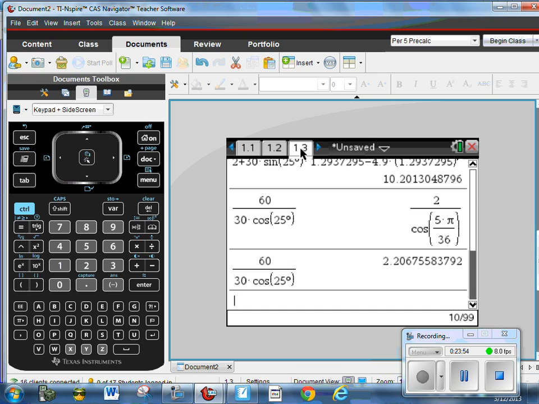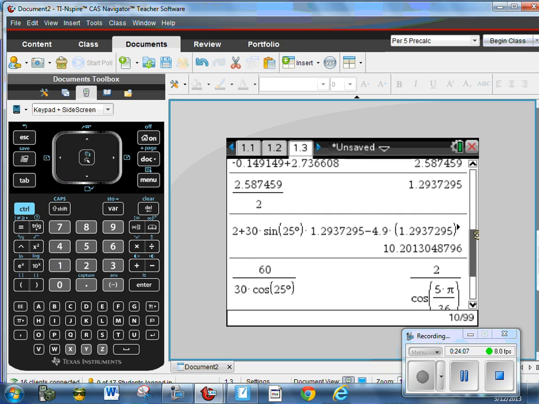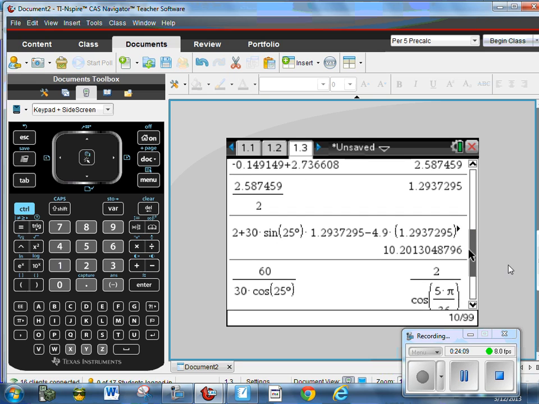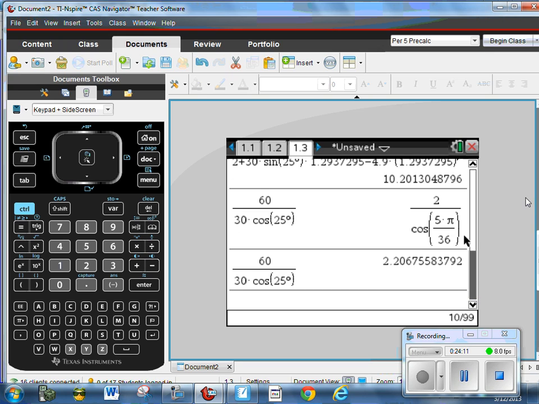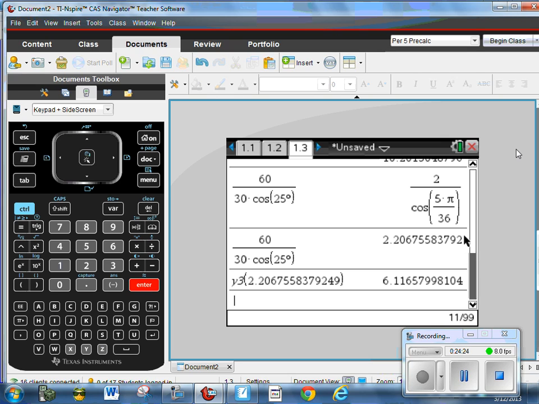So I could type in 2 plus 30 sine 25 times 2.206 minus 4.9 times 2.206 squared. I can type it in like I did just previously with the 1.29 right up here. Or I can do this so much more easily. I can say y3, and then in parentheses, I can go up and grab this number, put it in, and push enter, and there is my value.